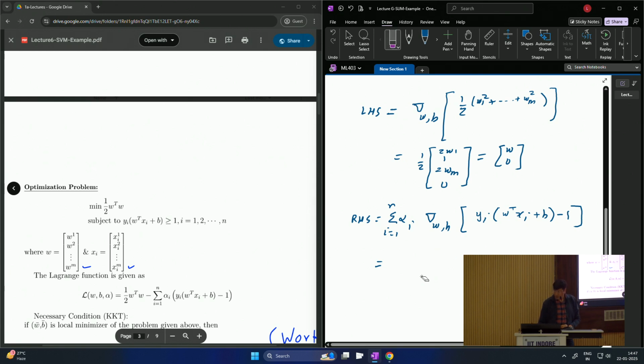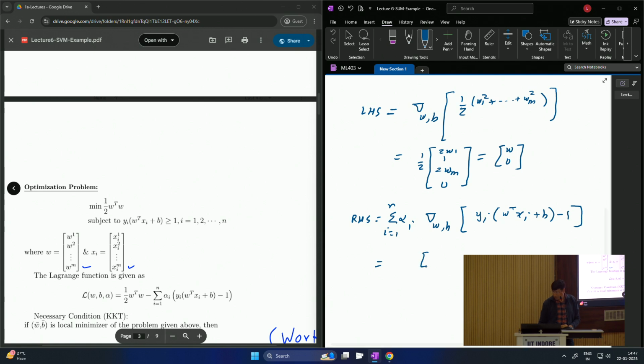I think I'll not do in a hurry because there is an example which you would do. So what we'll do is we will write this down as yi w1 xi1 plus all the way till wm xim. Now the superscript is denoting the dimension, the subscript is denoting the point. The points are given by I, the superscript, the dimension is going up to m, I is going up to n.